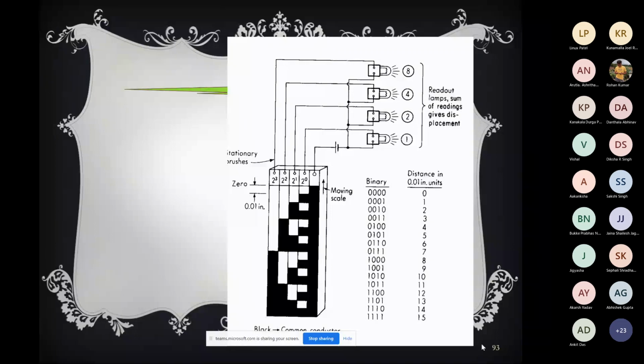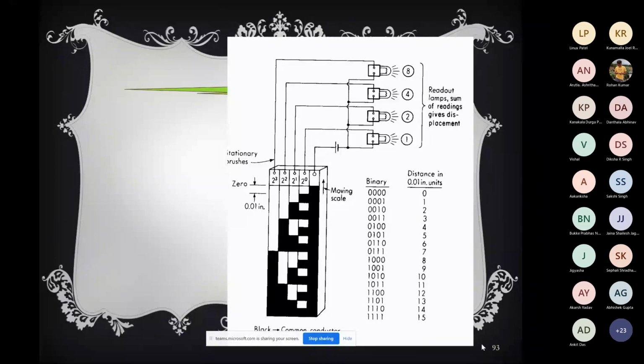Now you might be thinking, can this absolute encoder be used as a linear displacement device? The answer is yes. It is called the linear optical absolute encoder.